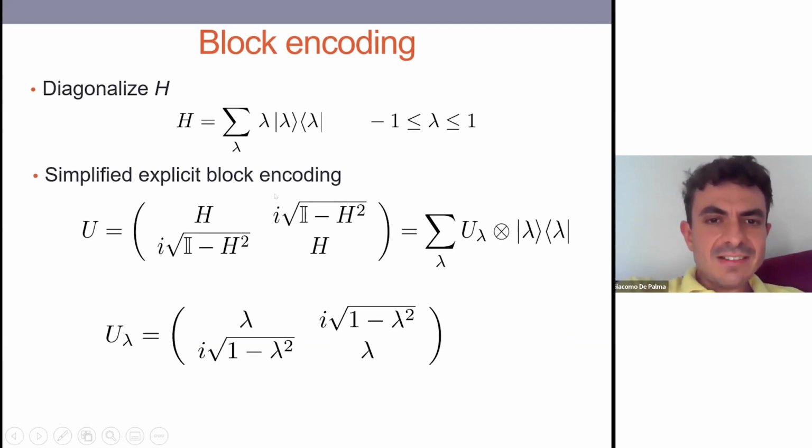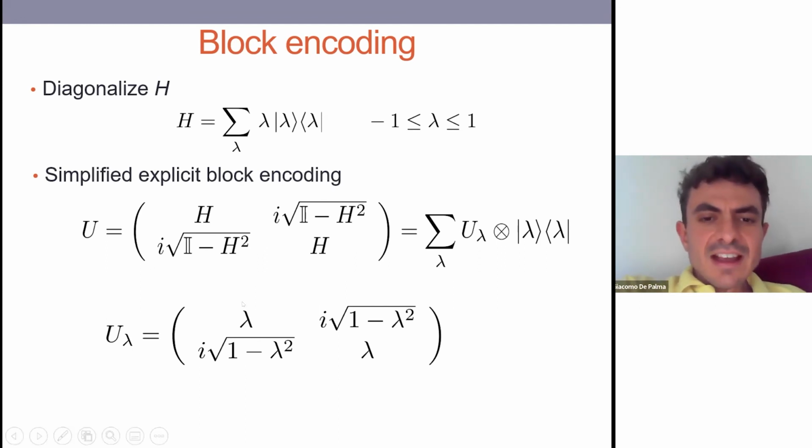You can check by hand that this matrix is unitary for any H. And actually, if we consider this diagonalization of H, we can write this matrix as a sum over lambda of the projector on the eigenvector lambda of H, tensored with a unitary matrix U lambda, where this U lambda is the 2x2 unitary acting on the auxiliary qubit that we added for the block encoding.